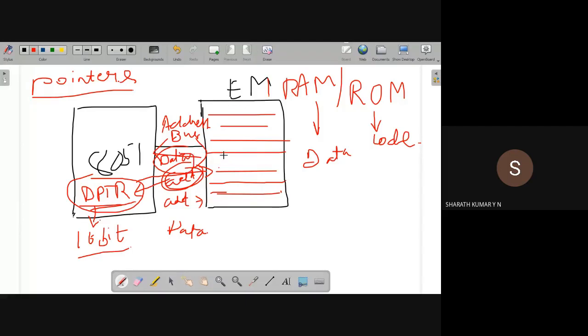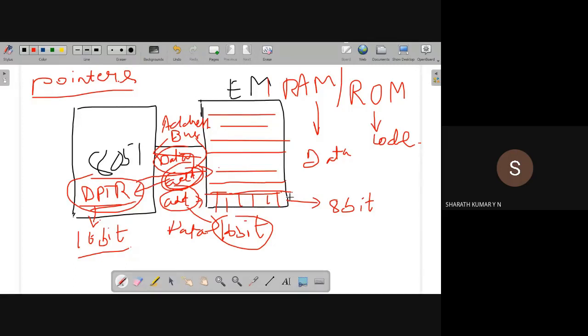Even if it is external memory, the size of the address is 16-bit. What is the size of data? The number of bits in each location is 8-bit. Data remains 8-bit and the address size is 16-bit, even in external memory.